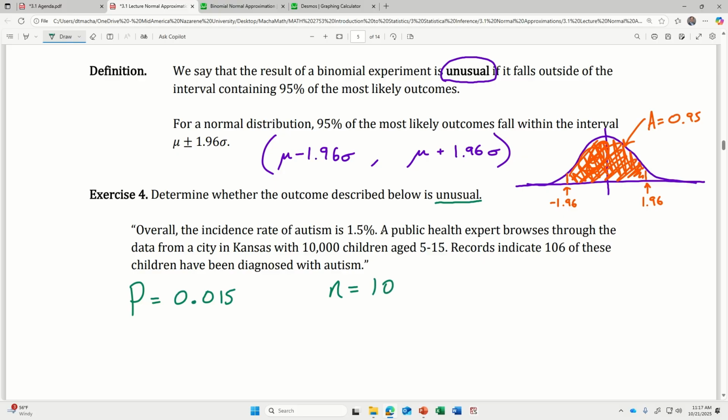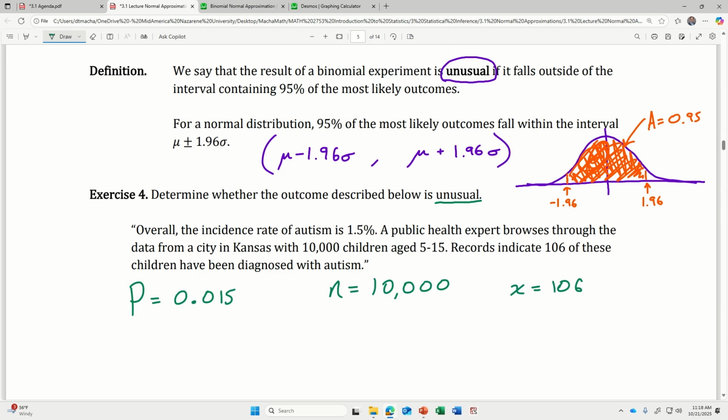Yeah, this is 10,000. Because once again, this is a binomial random variable. The number of children that are diagnosed with autism is a binomial random variable. It's going to sound kind of silly to say this out loud, when we talk about Bernoulli trials, because a Bernoulli trial either results in a success or a failure.